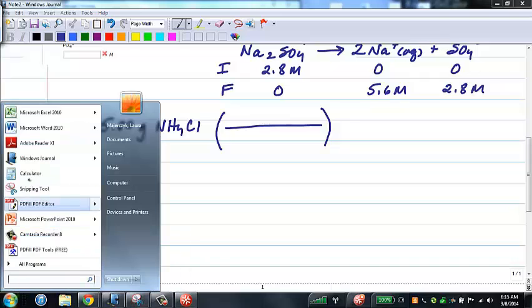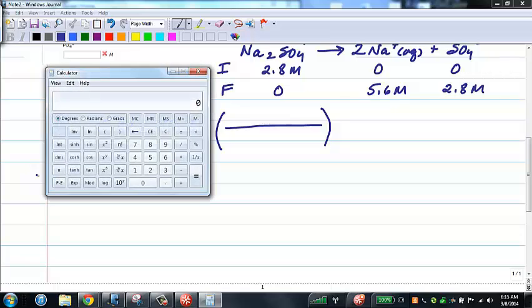So in order to divide by the molar mass, I have to add up the pieces. 14.01 for nitrogen, and I'm going to add that to 4 hydrogens. Each hydrogen is 1.01, but there are 4 of them, so 4.04 for all 4 of those hydrogens, and 35.45 for the chlorine. So that adds up to 53.50.